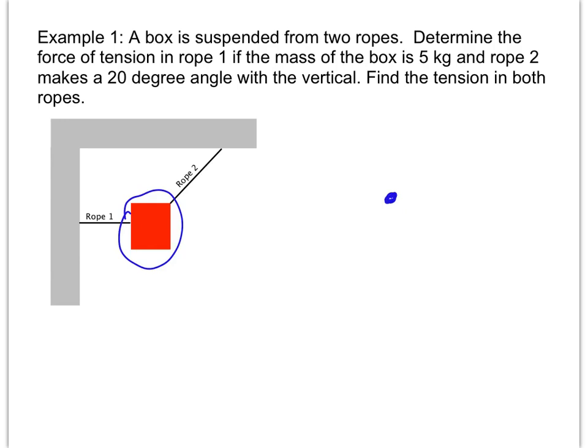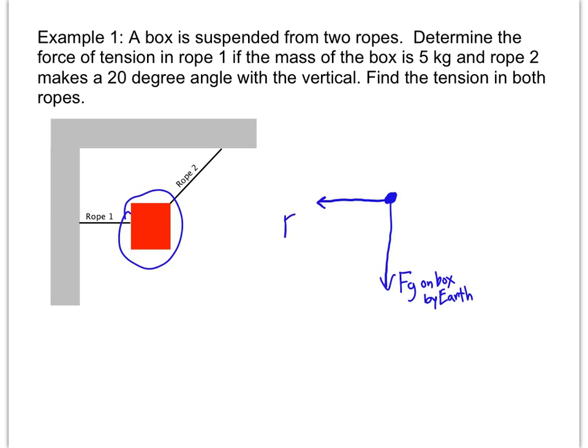We know that we've got a force of gravity that points downwards on the box by the Earth. We also have a force of tension that will point to the left, and that's due to rope 1.